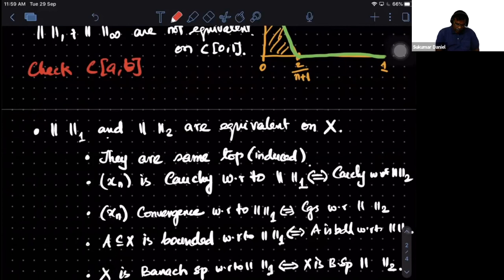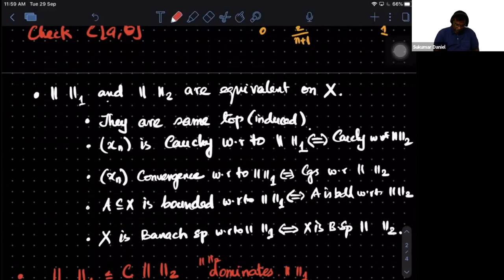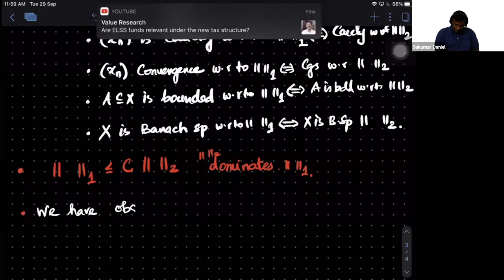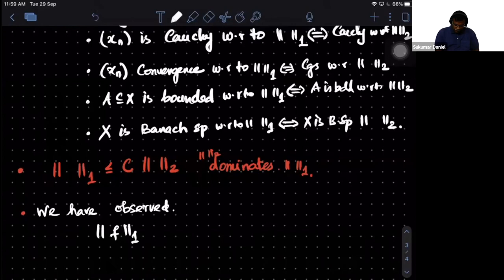I'm asking the following question. We have observed that the norm of this is less than or equal to this, at least on C of [a,b]. In fact, nothing wrong even in a bigger space. You can actually say this, but let's keep it this way.